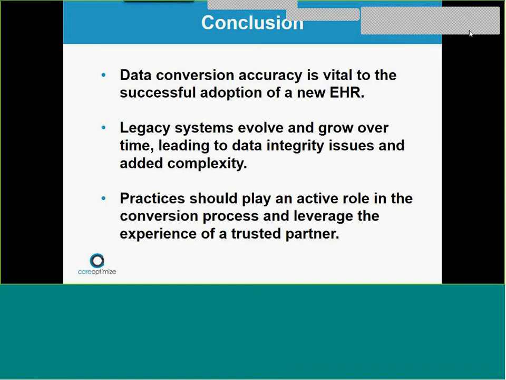The longer you have been on the old system, the more chances for needing data cleanup to occur will be present. And it's important to do very thorough data evaluation before the integration happens. And it's extremely important to include the practices and providers being involved in this process.